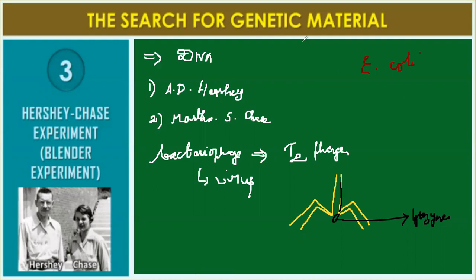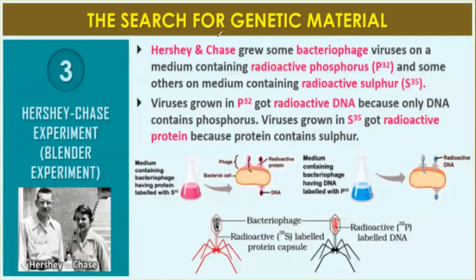So now what we have to learn is the Hershey and Chase experiment. Let's read the slides first, and after that I will explain it again. Hershey and Chase grew some bacteriophage viruses on a medium containing radioactive phosphorus P32 and some others on a medium containing radioactive sulfur S35.